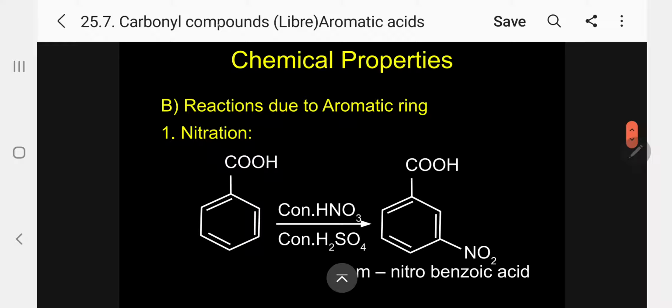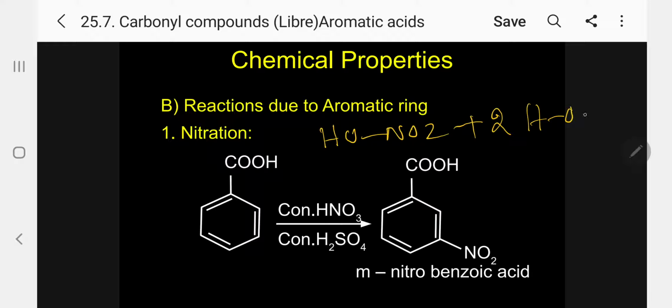First one is nitration. We know already that in nitration, a 1:2 mixture of nitric acid and sulfuric acid is mixed. So let me write now. This is the nitric acid plus 2 molecules of sulfuric acid. Kindly follow. What will happen now?